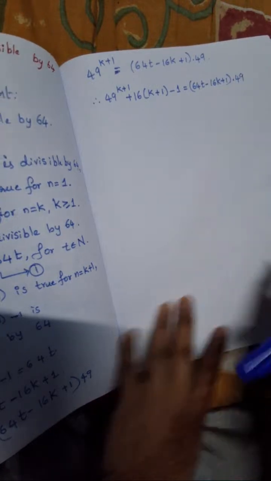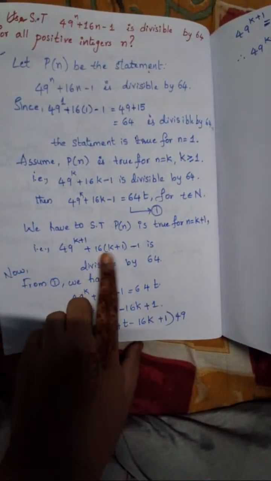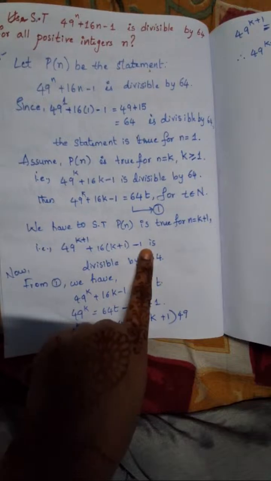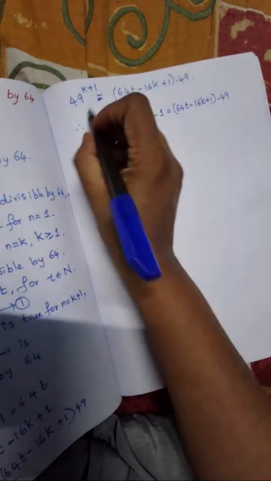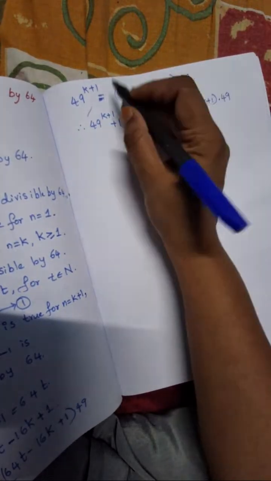I am writing this for this one, children. For this one I am changing the above equation. If you have 49 power k plus 1, we have this.